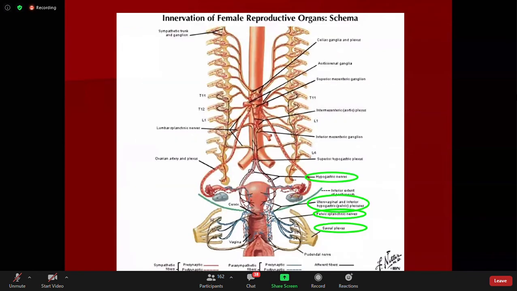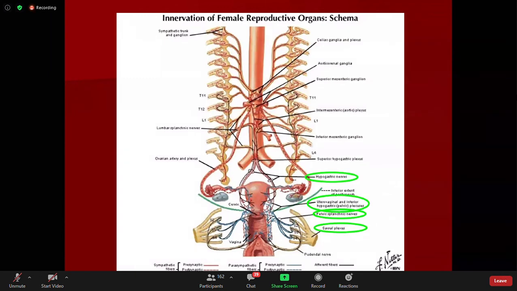Now, the final topic of today's lecture is about nerve supply. Now, the uterus, similar to the other viscera, will be supplied by the autonomic nervous system, sympathetic and parasympathetic. What do they do? None of my business. Basically, the physiologist is going to come and talk about it.